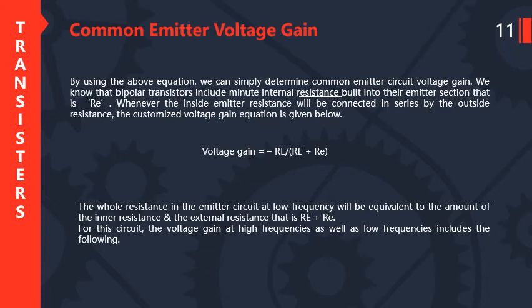The whole resistance in the emitter circuit at low frequency will be equivalent to the sum of the internal resistance and the external resistance, that is RE plus re. For this circuit, the voltage gain at high frequency as well as low frequency is as follows.